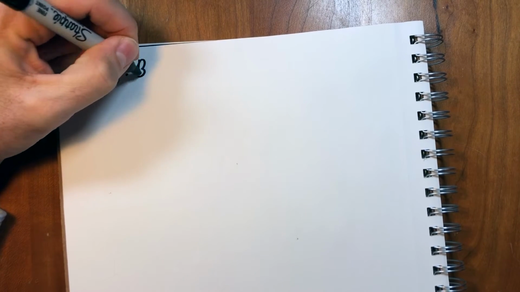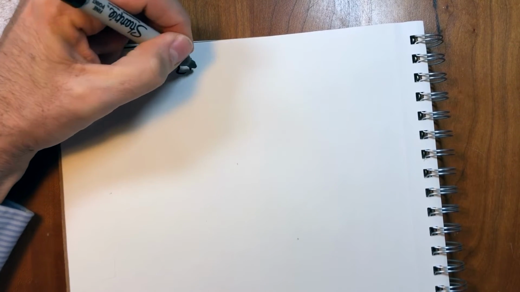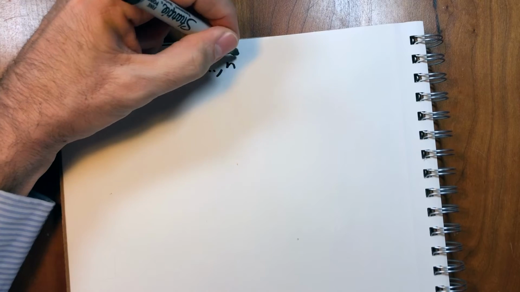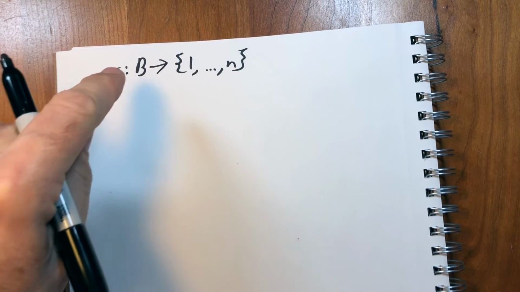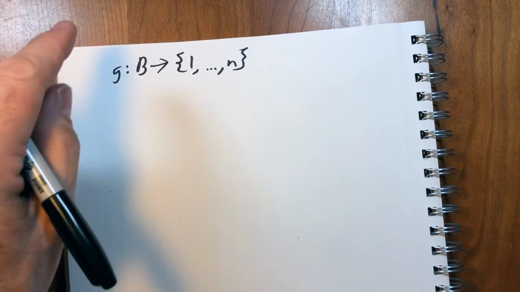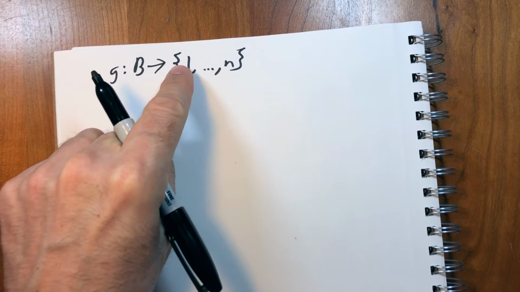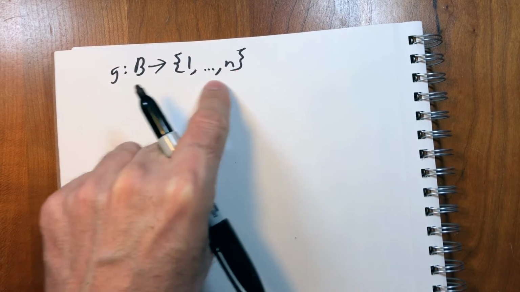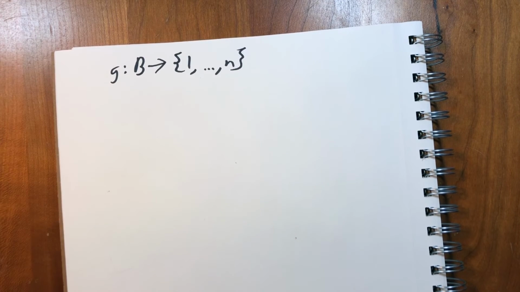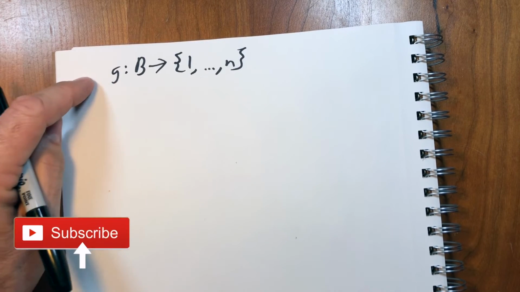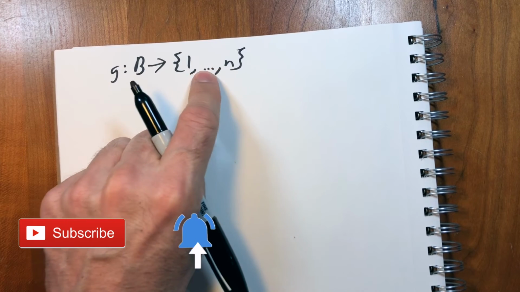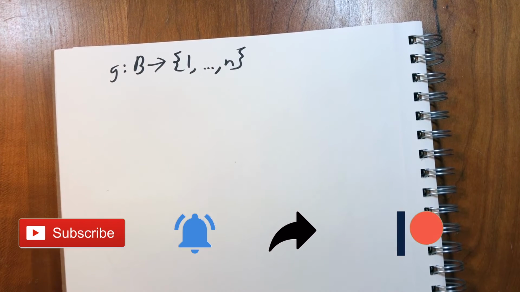So if g is injective, that means that there is only one element of b that's mapped to each of the elements of the section of positive integers. Now, it does not mean that every element of the range is mapped to by g. There might be some that are not reached by g at all. That's what surjective means.